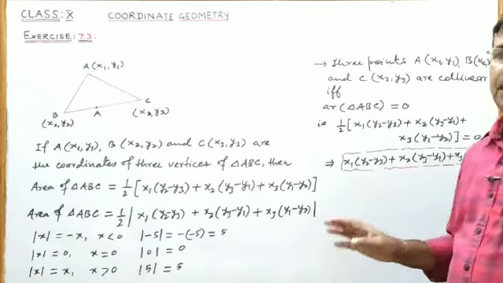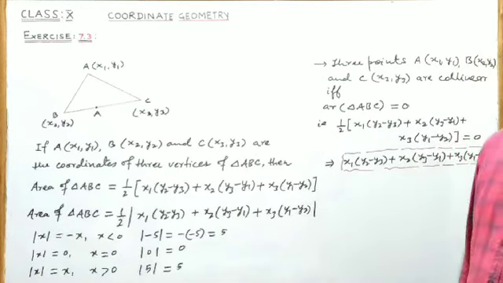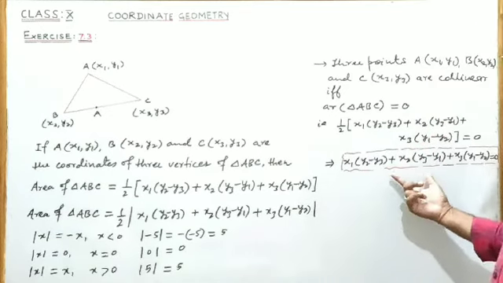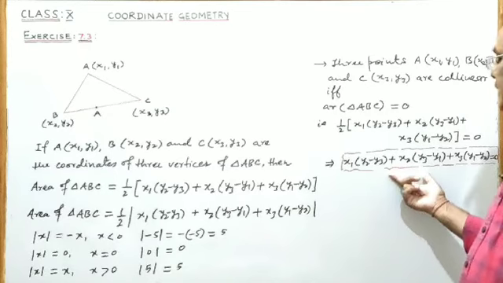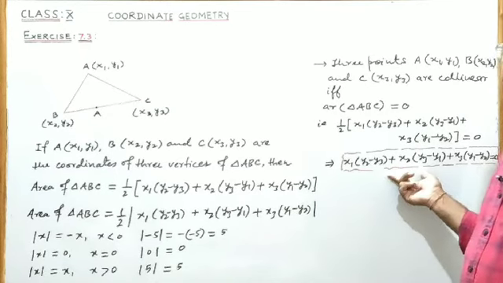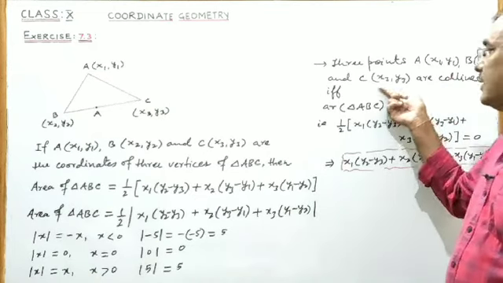So for any 3 points to be collinear, this condition is to be satisfied. This is the necessary and sufficient condition for 3 points x1, y1, x2, y2 and x3, y3 to be collinear.